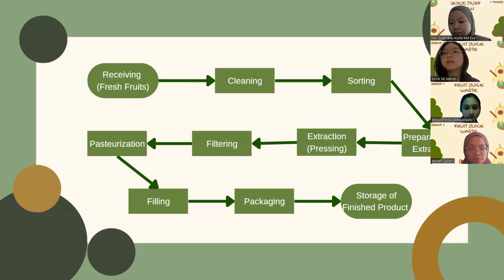And then after that, we go for the extraction, which is pressing the fresh fruits into juice. And then the juice will be filtered before pasteurization. And after that, we will fill in the packaging, which is according to the type of the fruits, type of the juice. It may be bottles or glass bottle or the paper box.